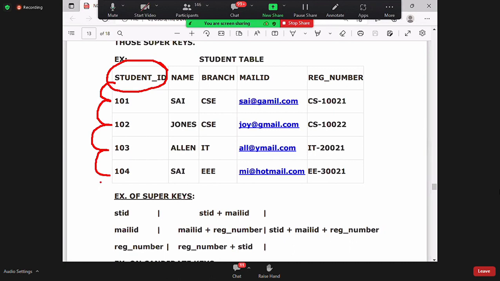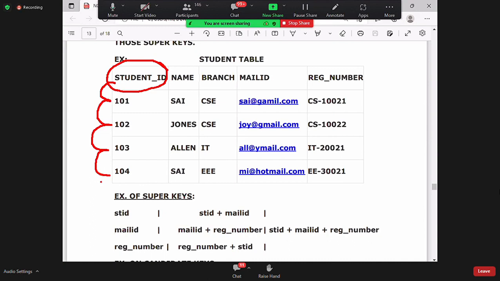So in this table, how many rows? 4 rows. How many columns? 5 columns. In these 4 rows, do the student ID column values have any duplicate ID? No. That means for each and every row, the student ID values are unique.